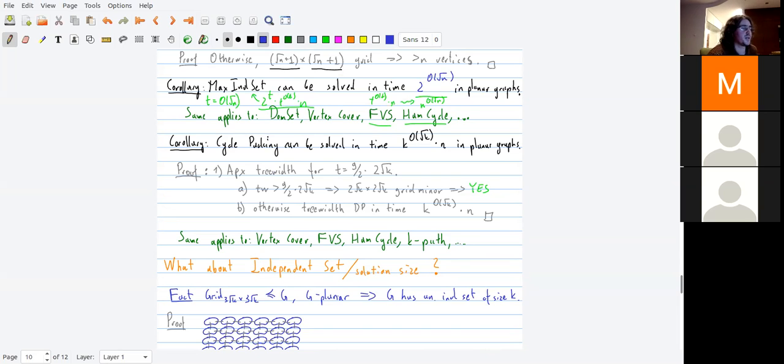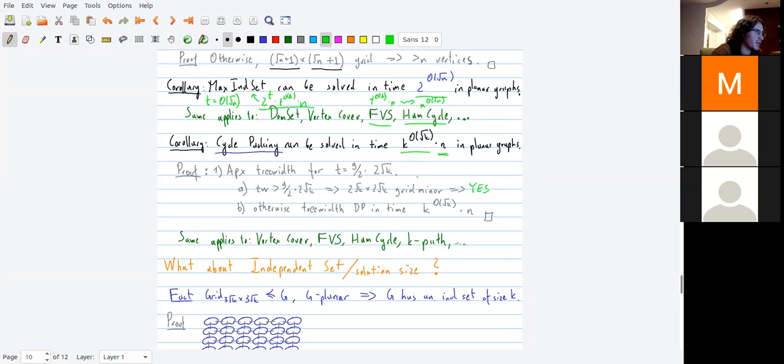But you can also apply the same technique to parameterized algorithms. For instance, for cycle packing, I claim that cycle packing can be, in the parameterized sense, solved in time k to the order of square root k times n, where k is the requested number of cycles.